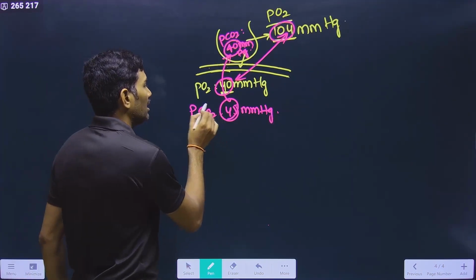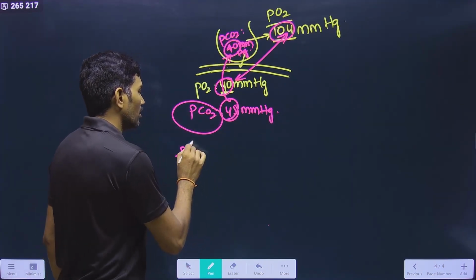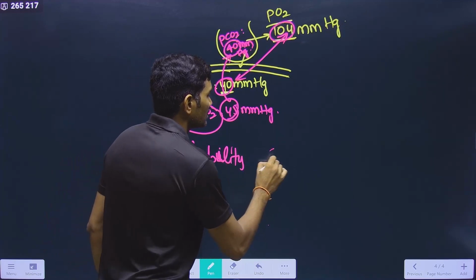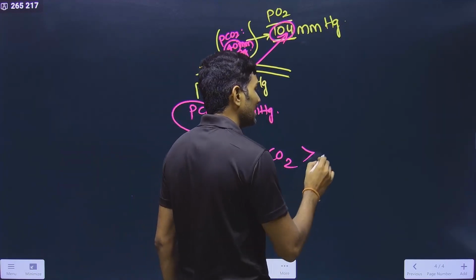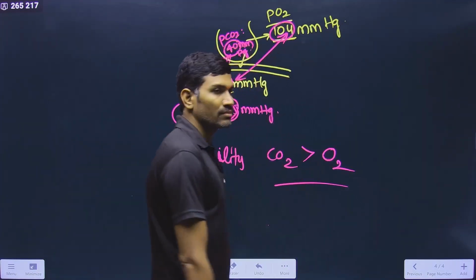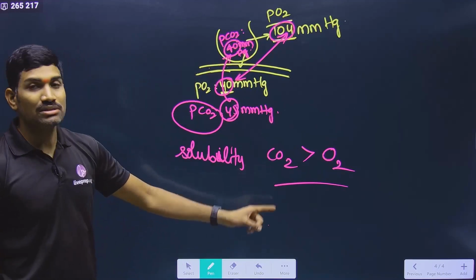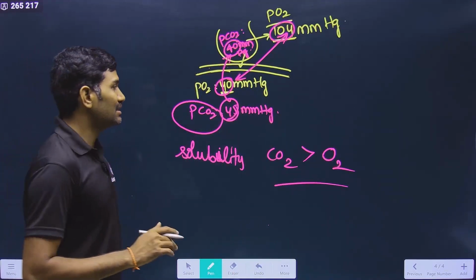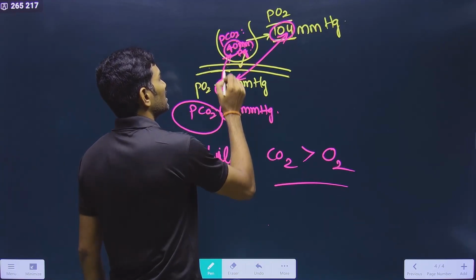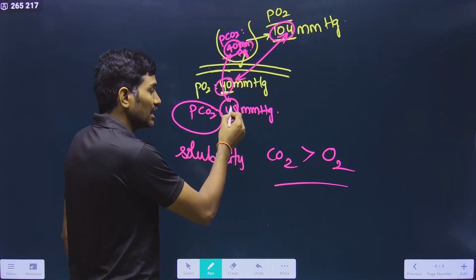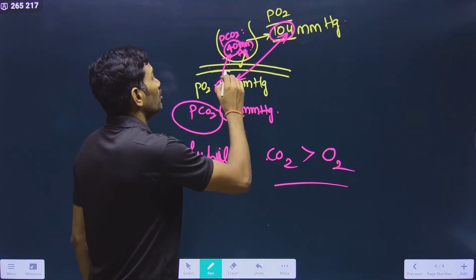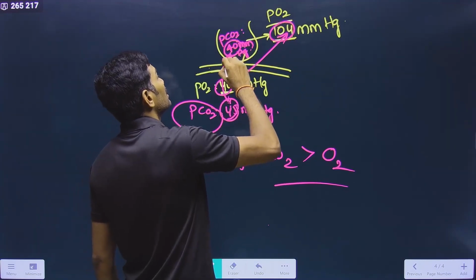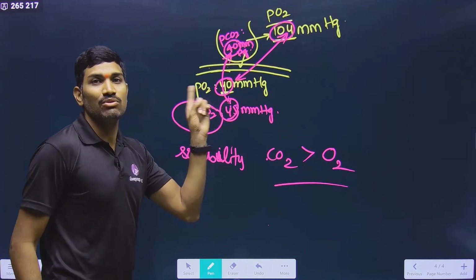Because the solubility of CO2 is much higher than that of oxygen. That is the reason why, even though the pressure difference is very small, since solubility is more, more CO2 can diffuse here.